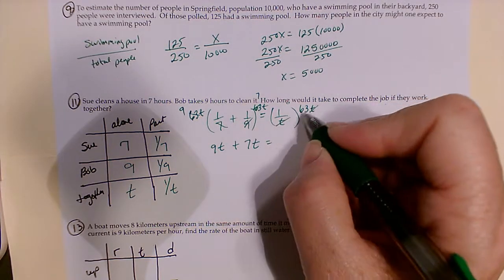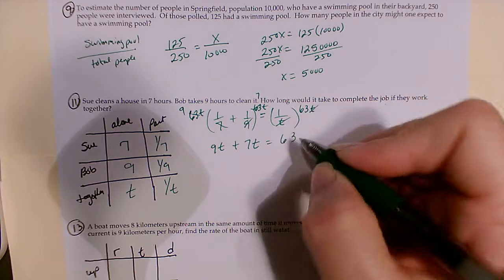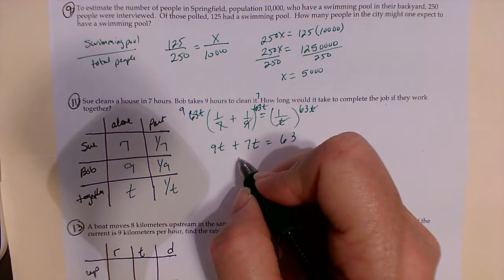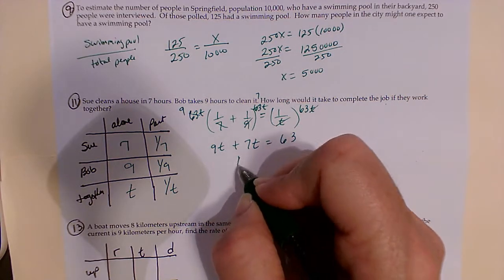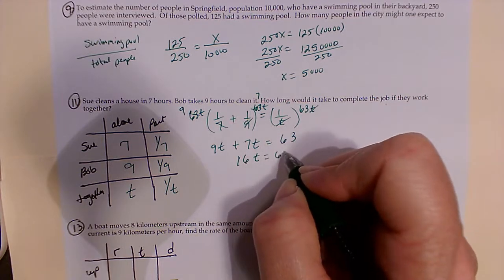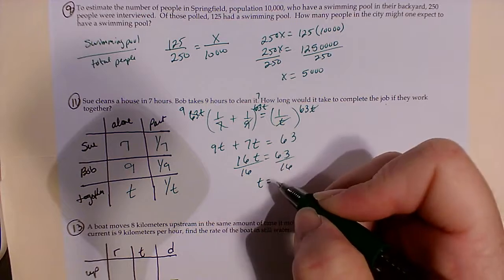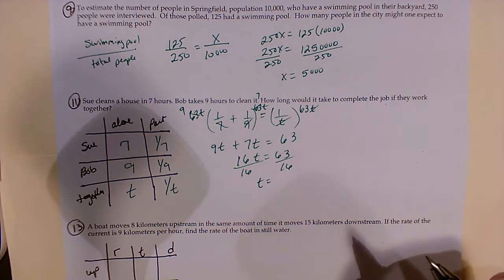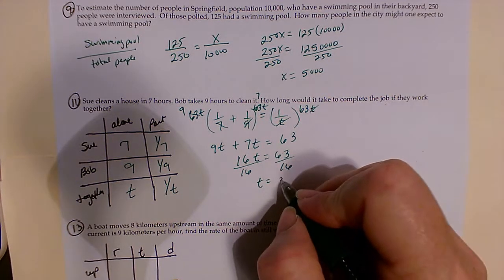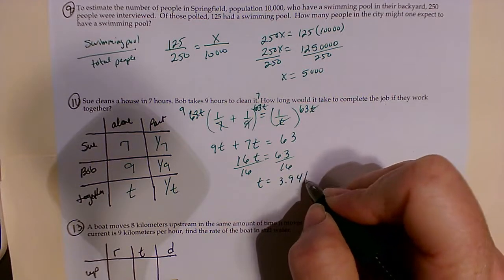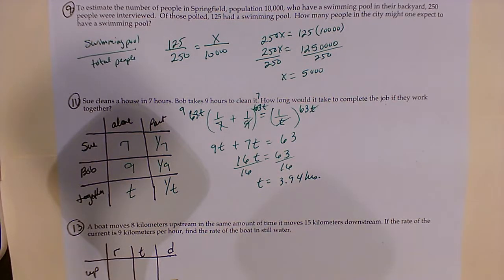My t's will cancel, and 63 times 1 is 63. So 9 plus 7 is 16t equals 63. Divide by 16, and t will equal 3.94 hours. So it'll take them about 4 hours to do it together.